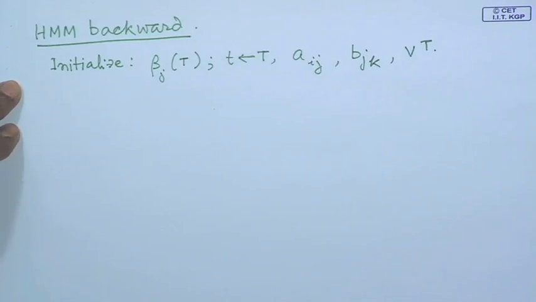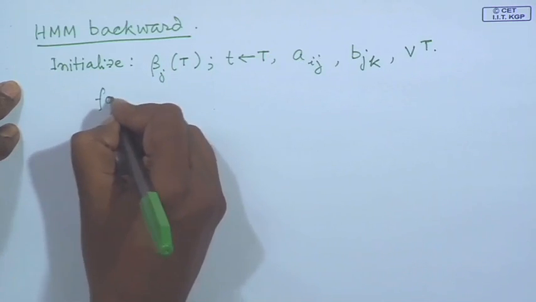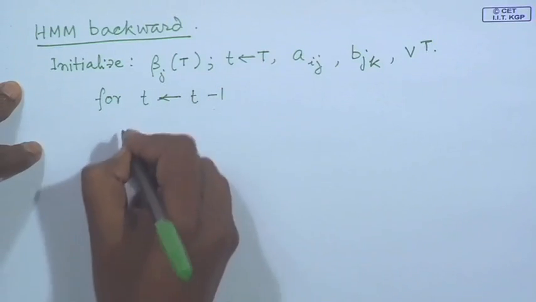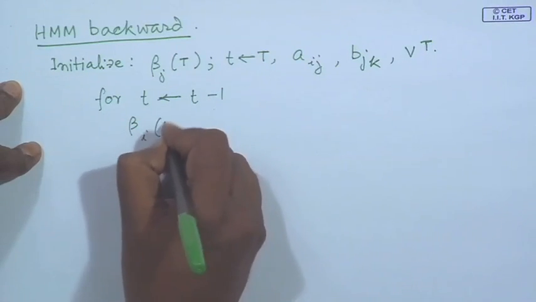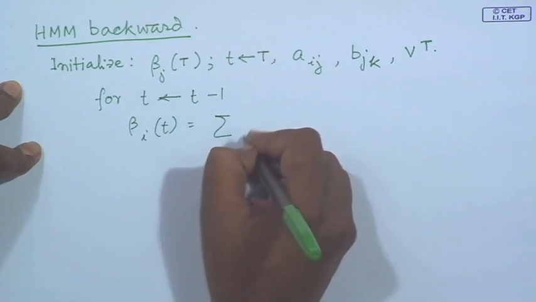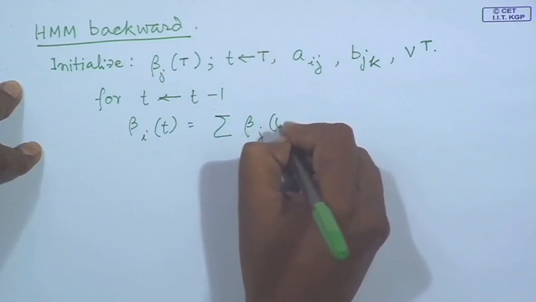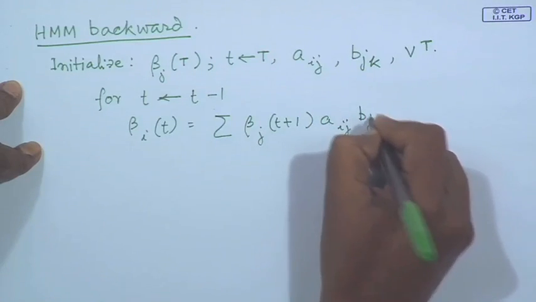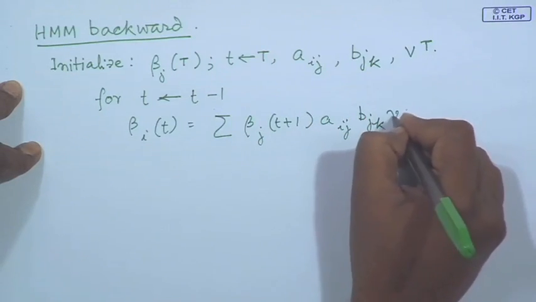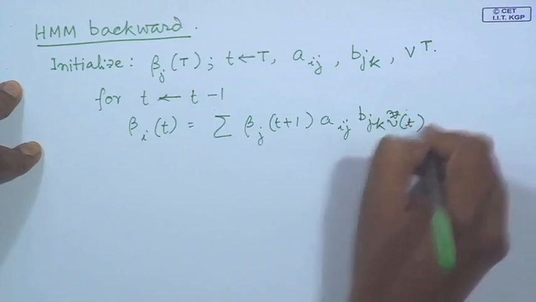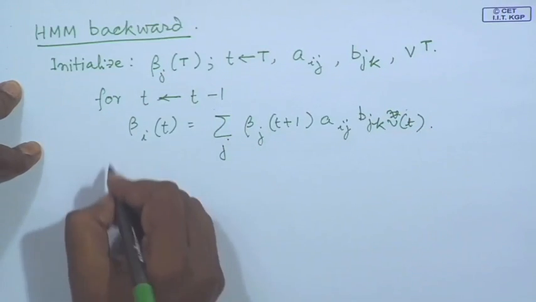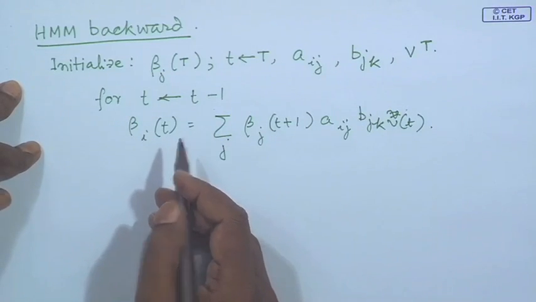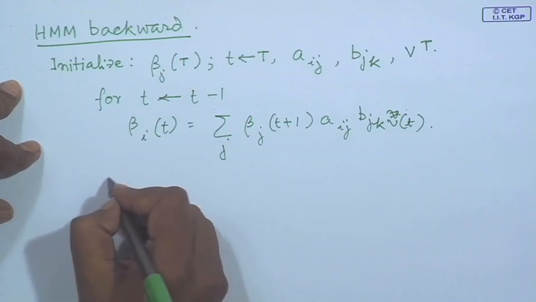Then we have a for loop from t equal to capital T down to 1, where beta I t will be simply that expression, the summation over j of beta j t plus 1 a I j b j k v t plus 1. As we are moving backwards, I have to move from capital T to 1.